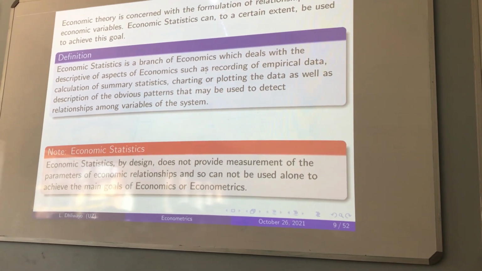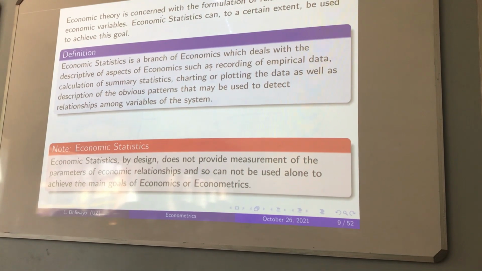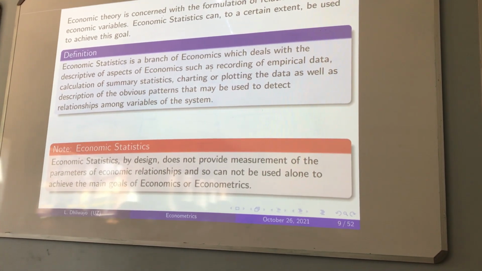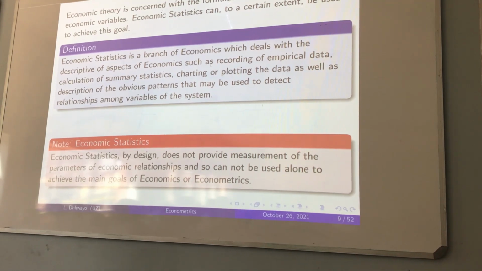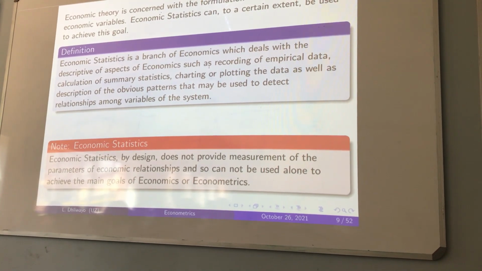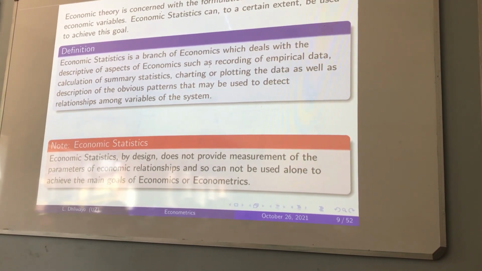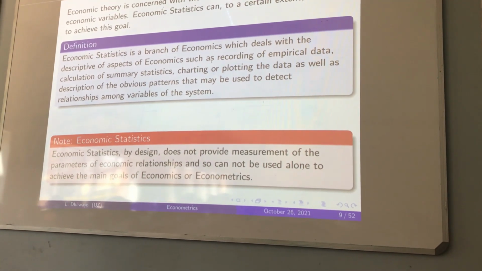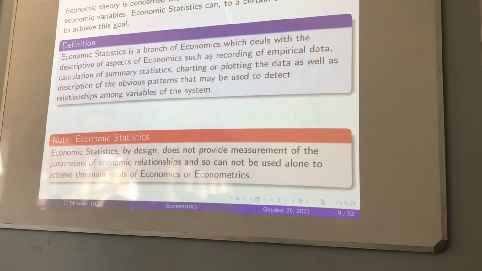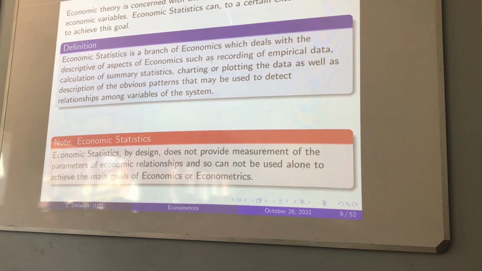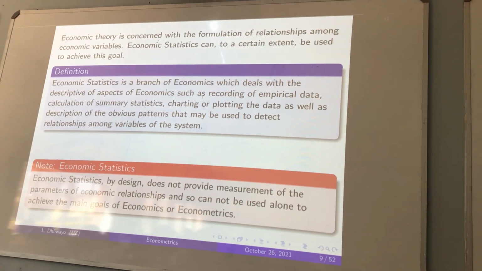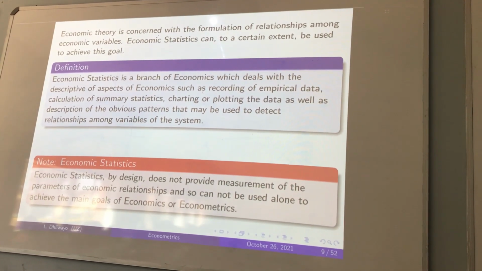Economic statistics is a branch of economics which deals with the descriptive aspect of economics, such as the recording of empirical data, calculation of summary statistics, charting or plotting of the data, as well as description of obvious patterns that may be used to detect relationships among variables of the system. Okay, we're just defining what statistics is, but referring to economics.